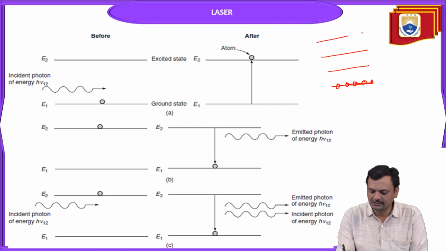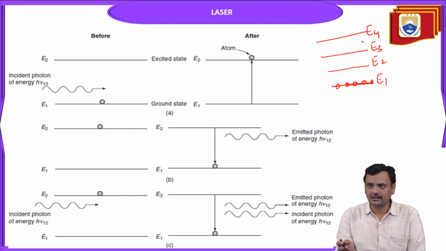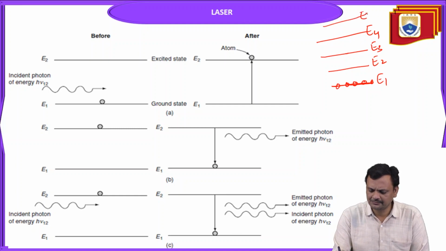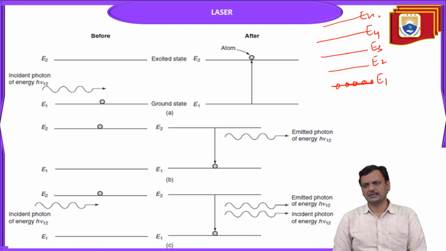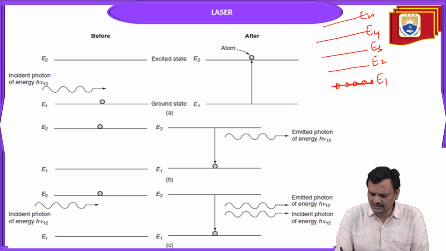Let's suppose these are the available energy levels for those materials, and I categorize them as E1, E2, E3, E4, and so on up to En. All the available electrons generally reside in their ground state energy.